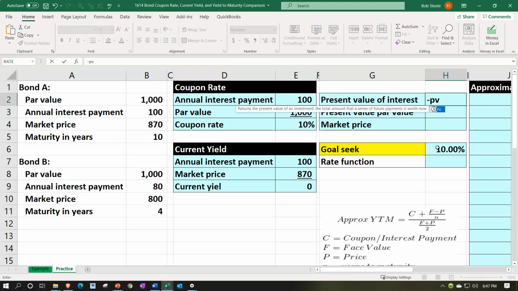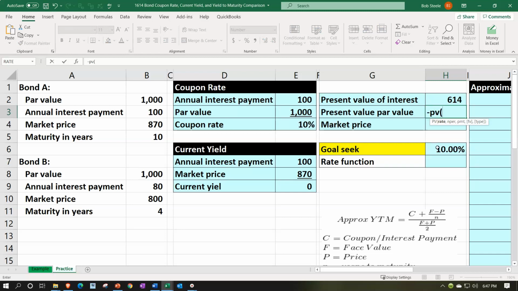Negative present value, shift 9, rate at the 10% that we made up, comma, number of periods is going to be 10 periods to the maturity, comma, and then the annuity payments are going to be the $100 per year, closing that up, and there it is. Let's do the present value of the par value, the 1,000 face amount.